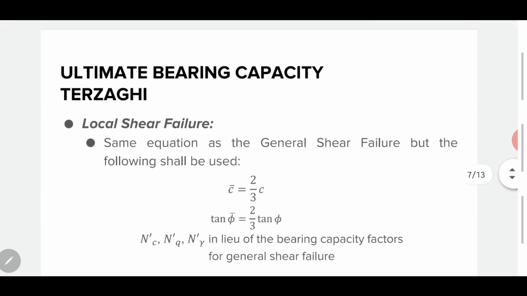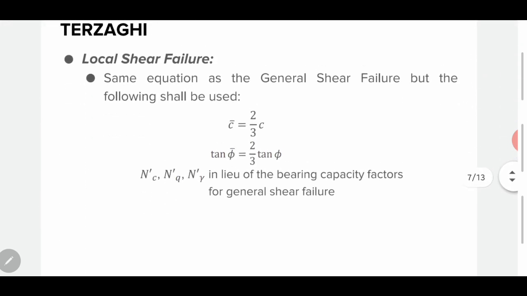For local shear failure, it is just the same as the general shear failure, but we use the following formula. c̄ is equal to 2/3 of c, and tan φ̄ is equal to 2/3 of tan φ.